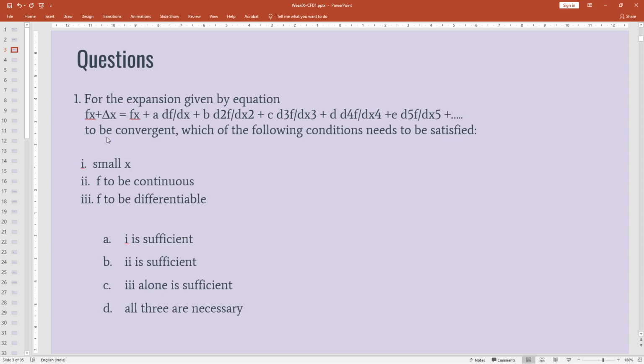So for this equation to be convergent, which of the following conditions needs to be satisfied? Condition 1, the delta x should be small. Condition 2, f to be continuous. Condition 3, f to be differentiable.